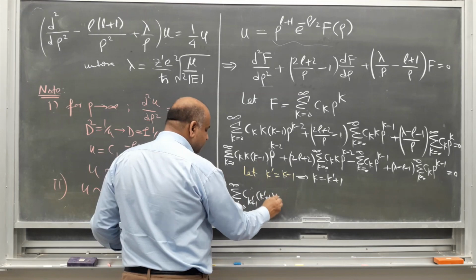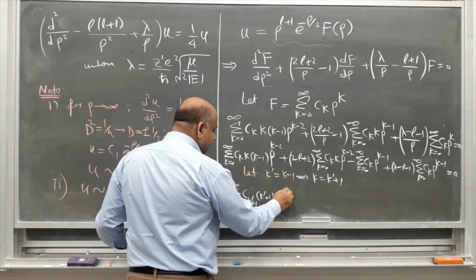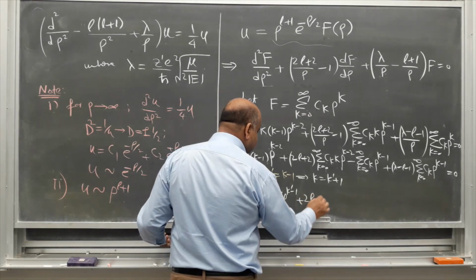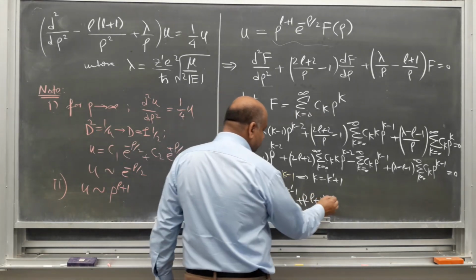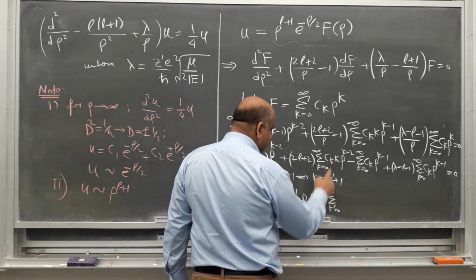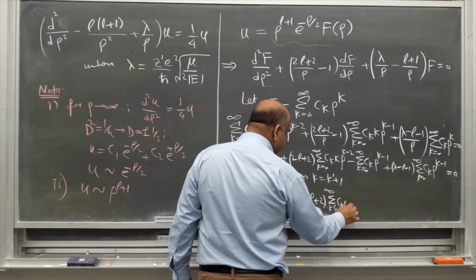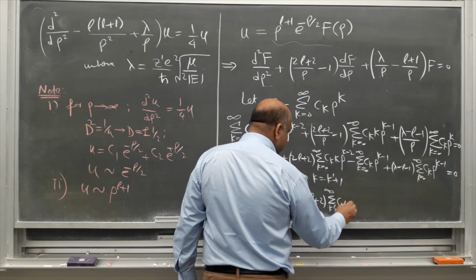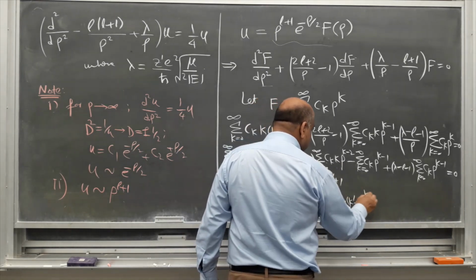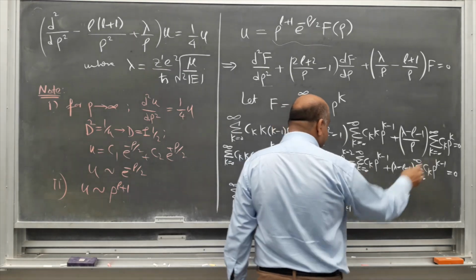This becomes k prime minus 1 plus 2l plus 2. So this is k prime equal to 0 to infinity, c k prime plus 1. This k is k prime plus 1, k prime minus 1, and then these.